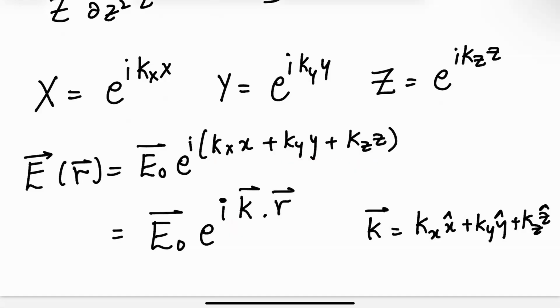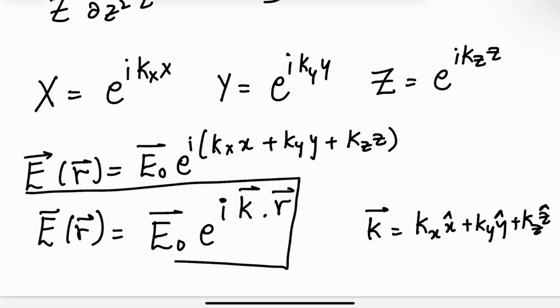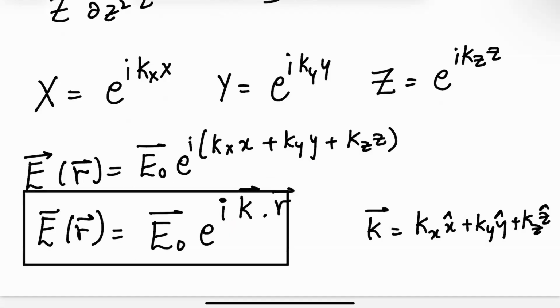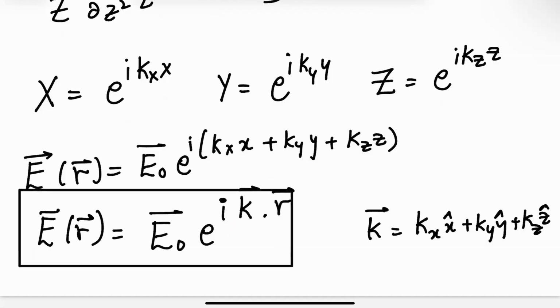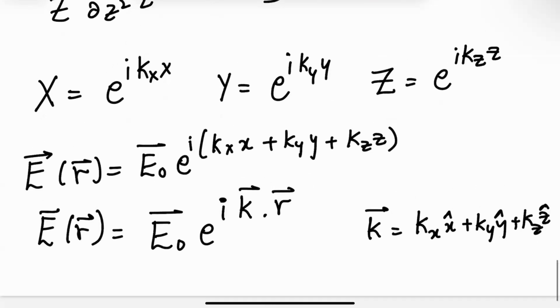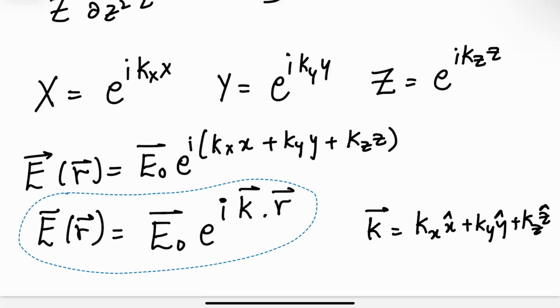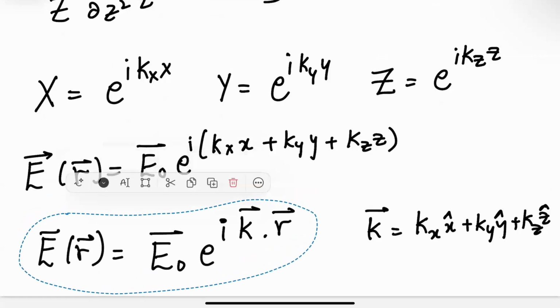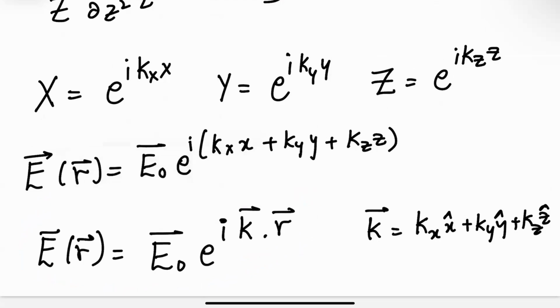Right, so this equation, E of r equal to this, is what represents a plane wave. Okay, so let me put it in a red box.